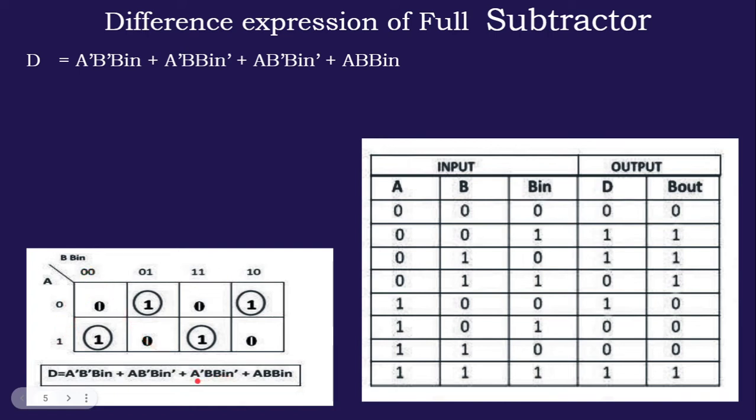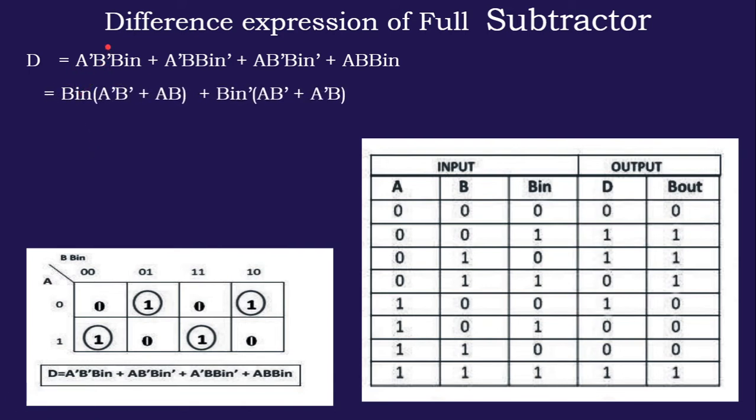So it is given as A, B bar in, and then A bar, B in bar. We have to write the terms from these singlets individually and join these four terms using the plus operator. The four singlet equations are joined by the plus operator, so the difference equation is formed. This is what is given over here.